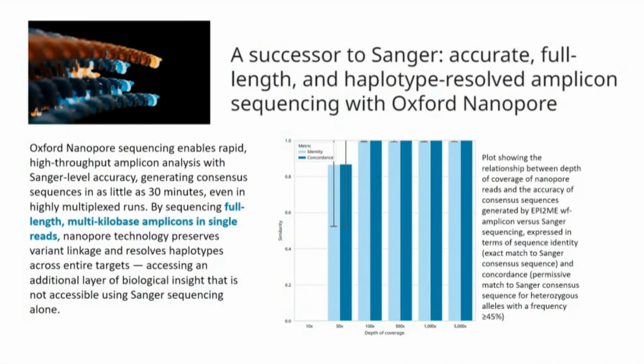You can consider this workflow a successor to Sanger sequencing. Normally when we have an amplicon, we would choose Sanger sequencing to help us identify the sequence of the DNA molecules.